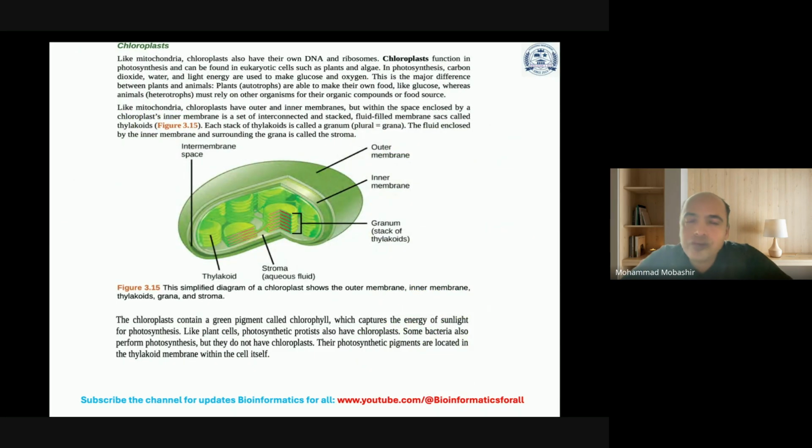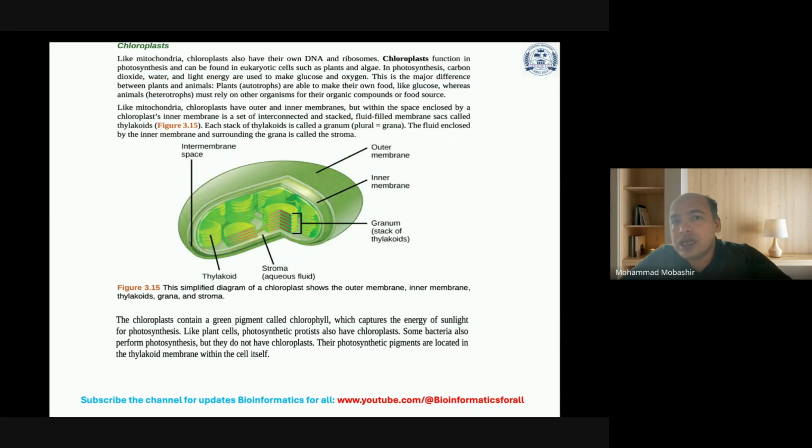This is also a very important component of plant cells. Similar to mitochondria, chloroplasts have their own DNA and ribosomes, and they function in photosynthesis and can be found in eukaryotic cells such as plants and algae.